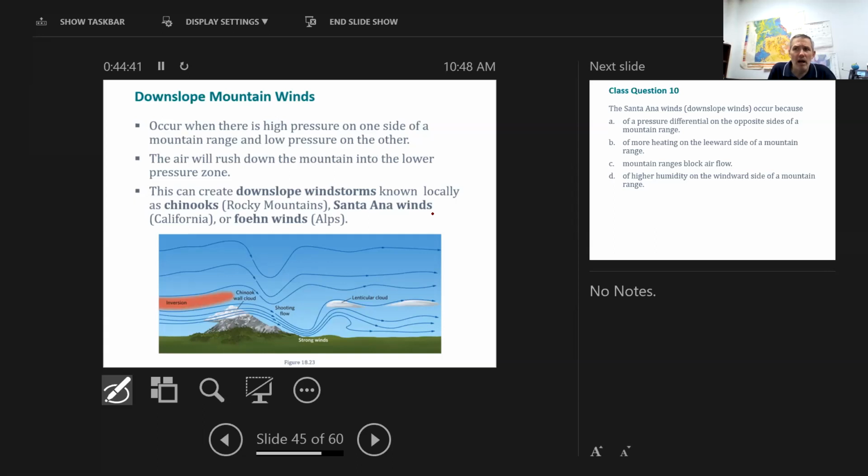Another common wind is when air gets pushed up over the side of a mountain. When the air is pushing down to this lower pressure zone, it can create some very strong winds. In this case, the air is getting pushed up over the mountains, and it's going to drop out all its water on this windward side of the mountain.